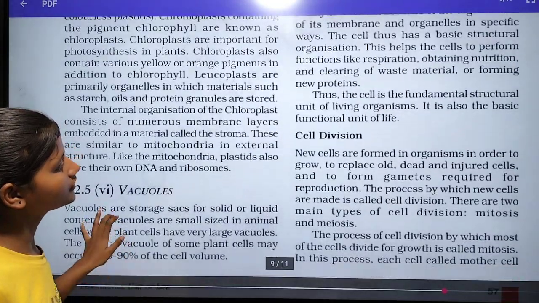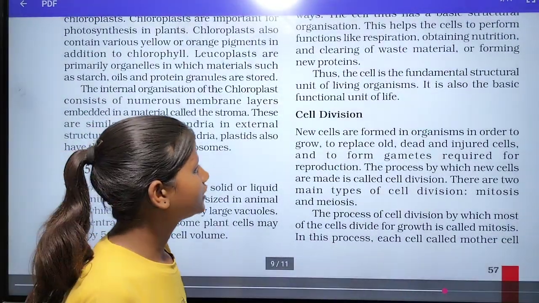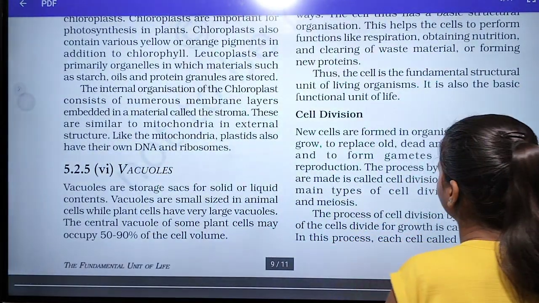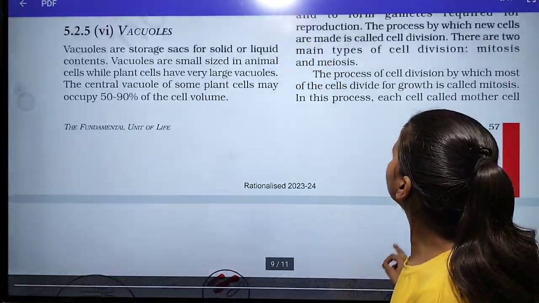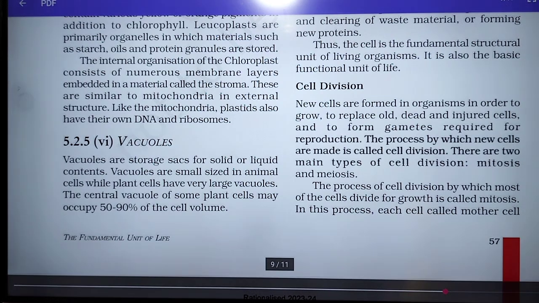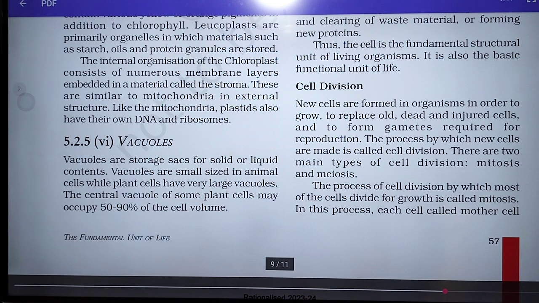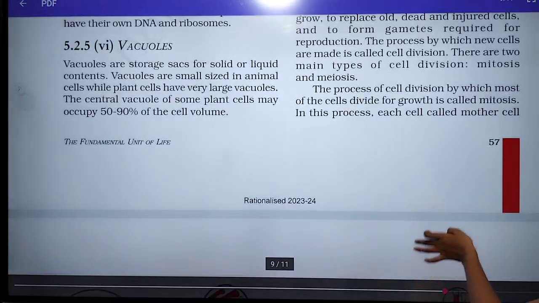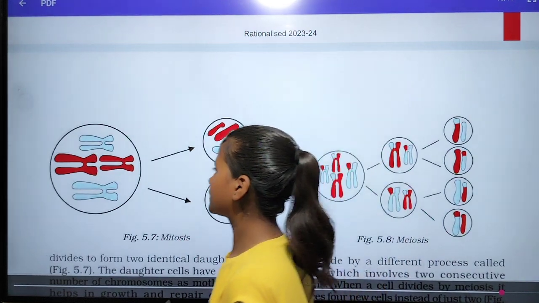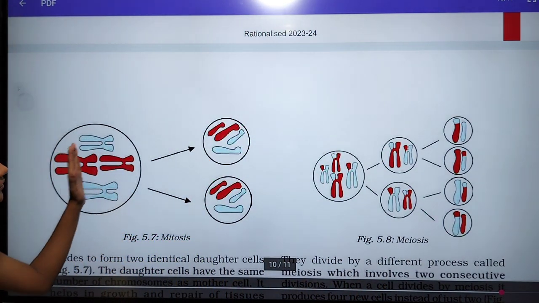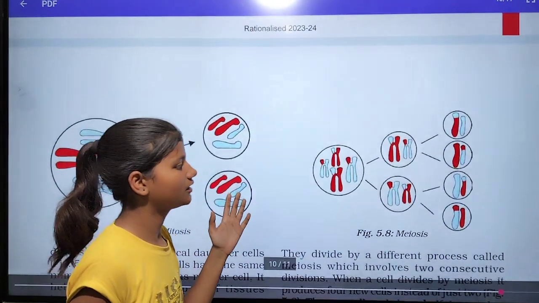About cell division: new cells arise from the process known as cell division, and there are two types of cell division. The first one is mitosis and the second one is meiosis. In mitosis, the number of chromosomes present in the mother cell is the same in the new cell.